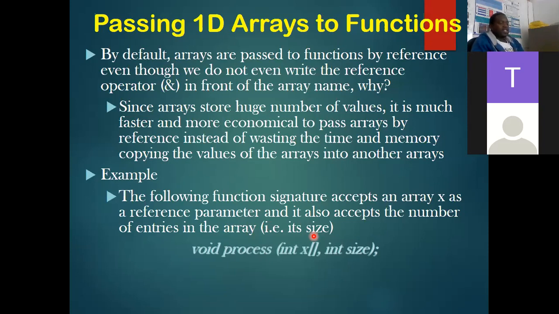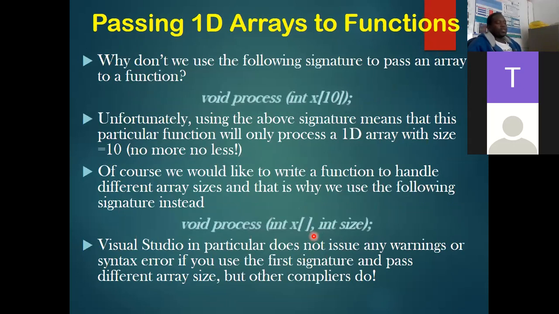So the following signature accepts an array x as a reference parameter, and it also accepts the number of entries in the array. So it's void process, which takes an array as a variable and also the number of elements in the array as a variable. So once you pass the array by reference, then you can also deal with the different components of that array, right?